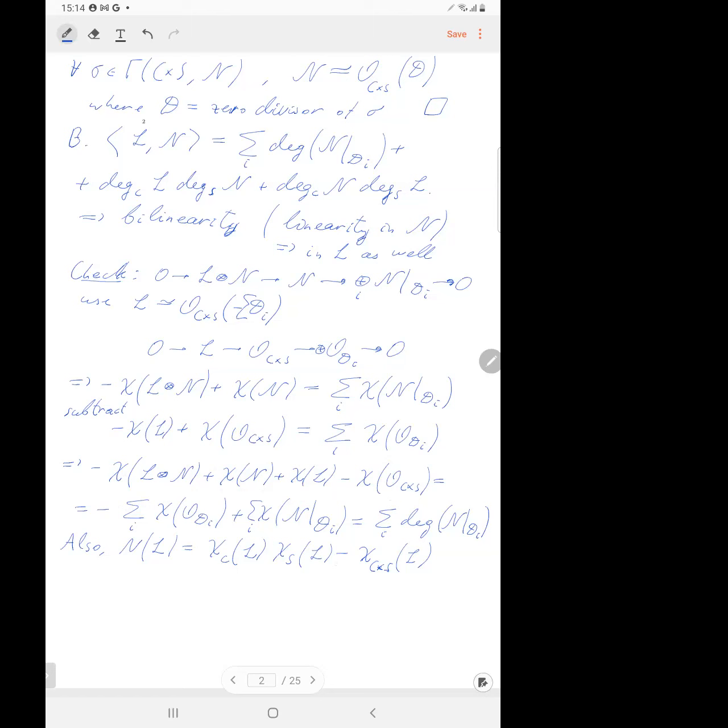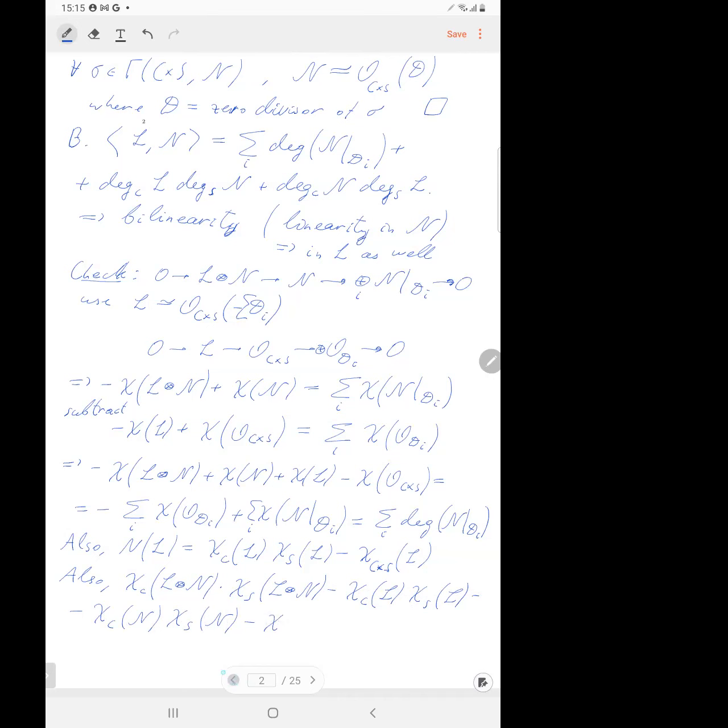So if we consider something like this times Euler characteristic along S for L tensor n, minus Euler characteristic of L along C times Euler characteristic of L along S, minus Euler characteristic of n along C times Euler characteristic of n along S, minus the Euler characteristic of the structure sheaf.